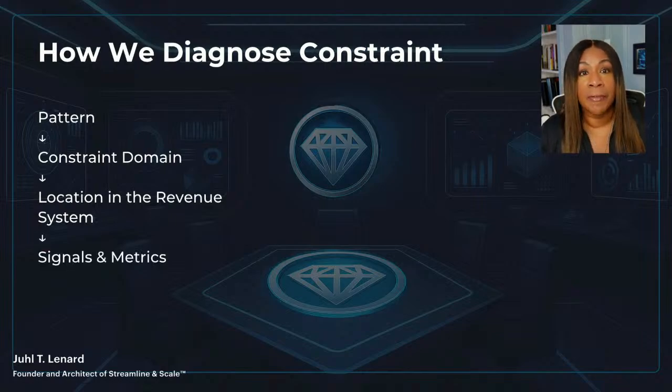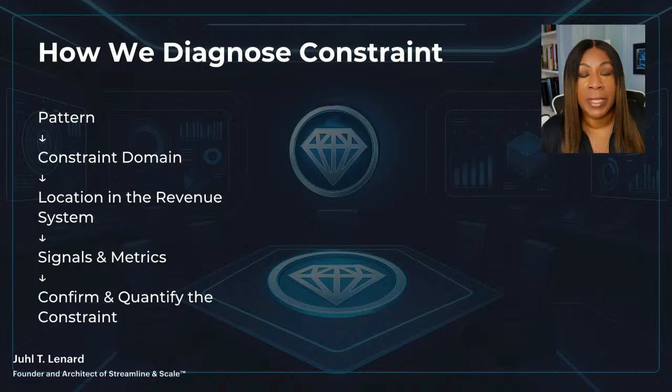Then we look at the signal and the metrics to confirm that that is in fact the primary domain. Once we confirm it and quantify it, and the diagnosis is complete, we can make a determination on the appropriate deployment that will, most importantly, move revenue forward and release the constraints before we scale.